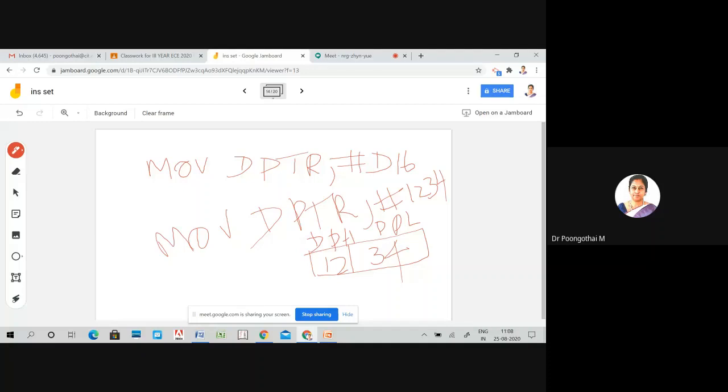So load DPTR with the 16-bit data specified in the instruction. So addressing mode, immediate addressing mode, it requires 3 bytes of program memory, 1 byte for opcode, next byte for your lower order address, and the third byte is for higher order address, and it requires 2 machine cycles to execute this particular instruction.